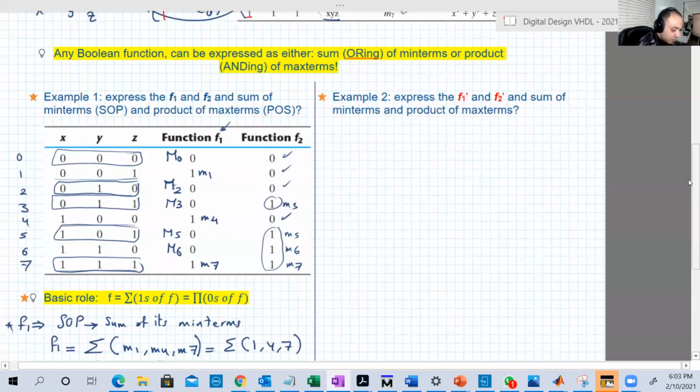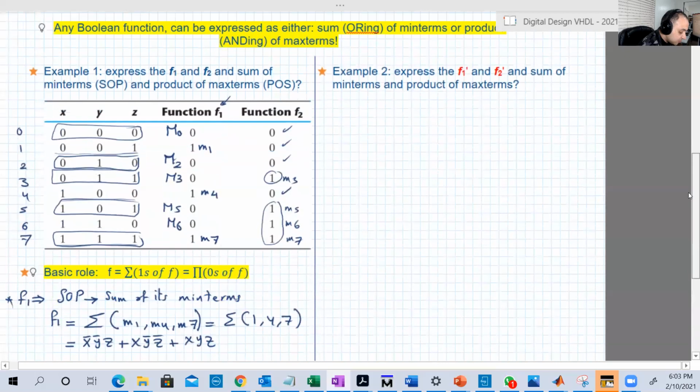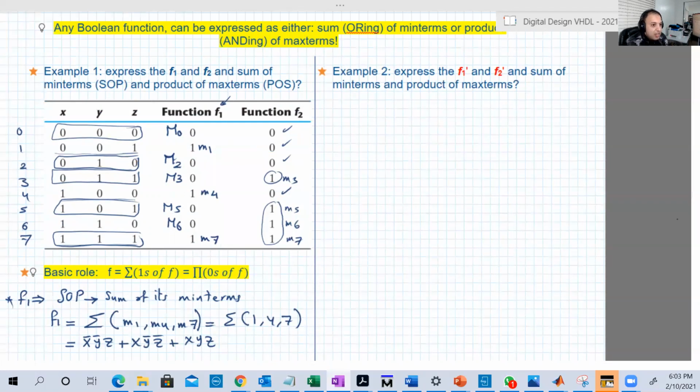Now another question, which is also insightful, because this will give you insight about another property, another usage of the min and max terms. In the first example, we get the function itself, the expressions for the min terms and the max terms.